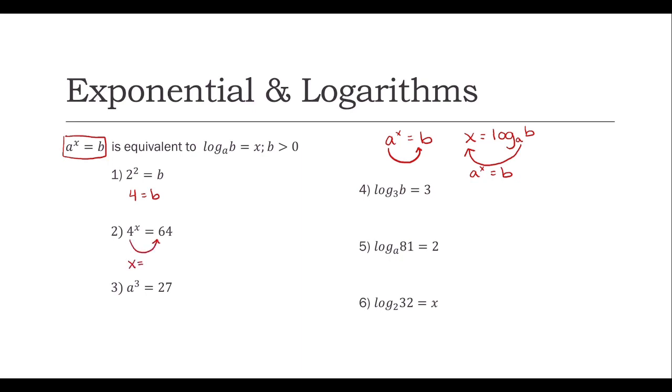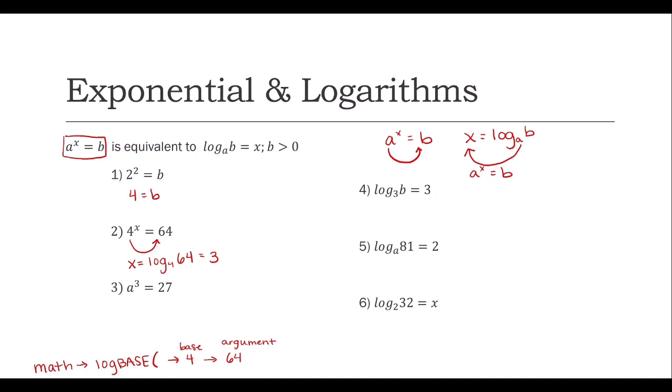So you'd get x equals log base 4 of 64, which you can enter into your calculator by going to math, log base, and then entering 4 for your base and 64 for your argument.